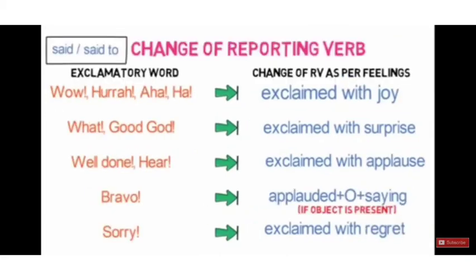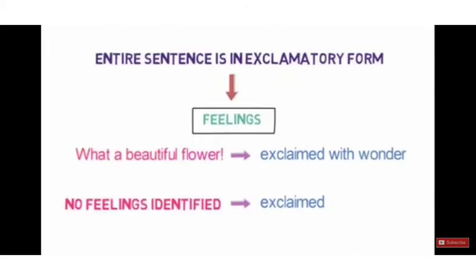In case the whole sentence is exclamatory, we have to understand the feelings, and based on the sentence, we need to change the reporting verb as we studied here. For example, what a beautiful flower. We might use the reporting verb exclaimed with wonder.